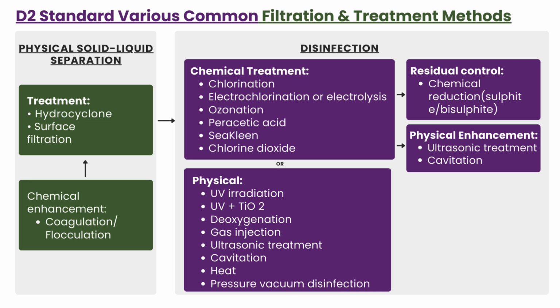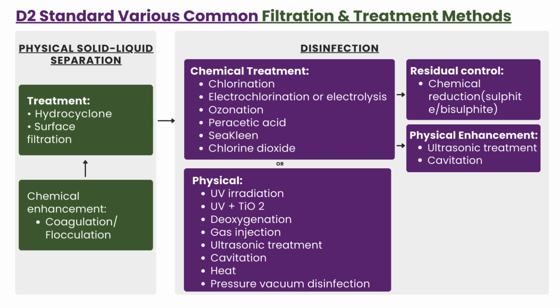Second is surface filtration. Third is chemical enhancement by coagulation and flocculation. In the next video, we will be talking about disinfection, and how the disinfection needs to be carried out.